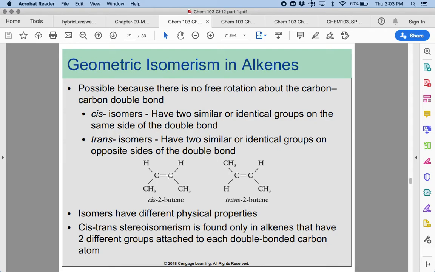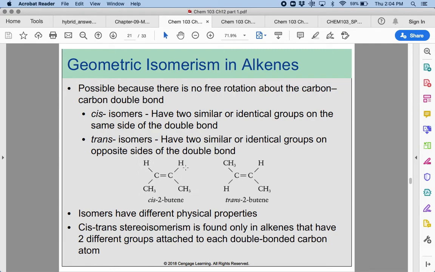And in these cases, unlike in the cyclical compounds where we're looking at on top and on bottom, now we're going to be looking at which side they are on the double bond, okay? We cannot compare on this side. What we can compare is this side versus what's happening on this side of the double bond. So in this case, the methyl groups are both on the same side on opposite ends of the double bond.